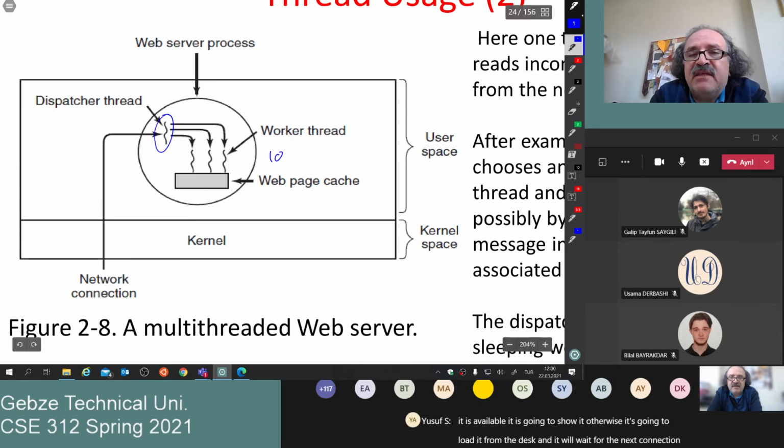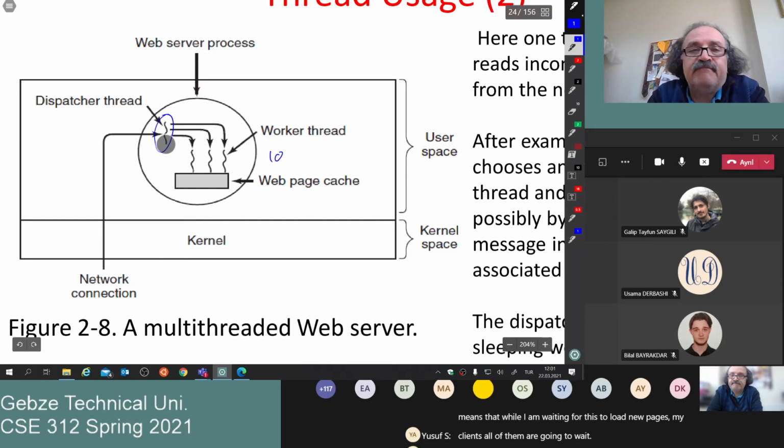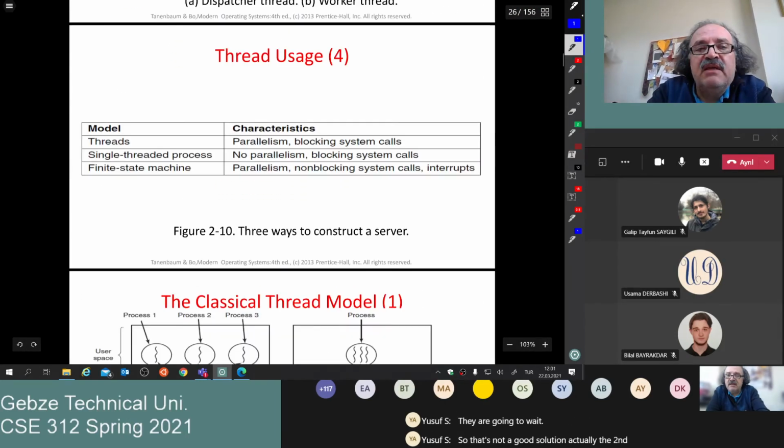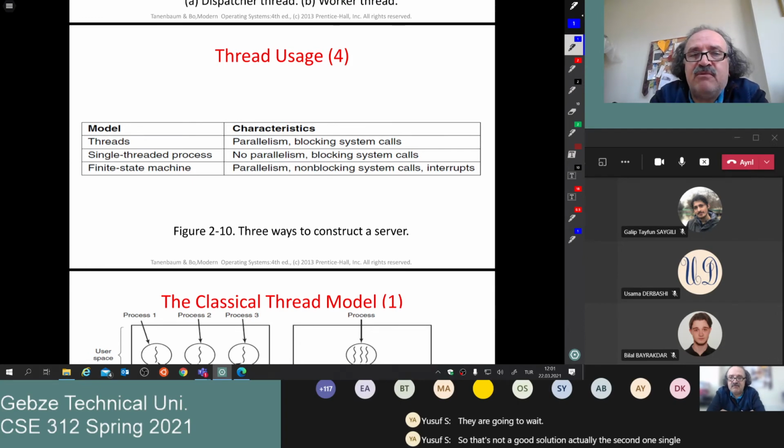So this will be single thread, blocking system calls. That means that while I am waiting for the disk to load new pages, all of my clients are going to wait. So that's not a good solution, actually, the second one: single thread, no parallelism, blocking system calls.